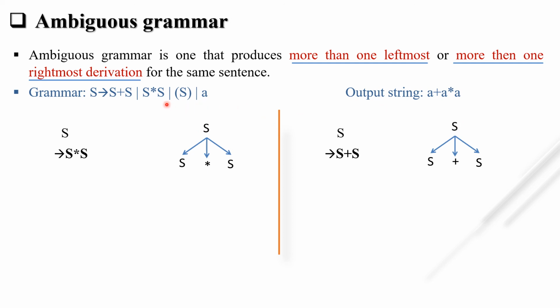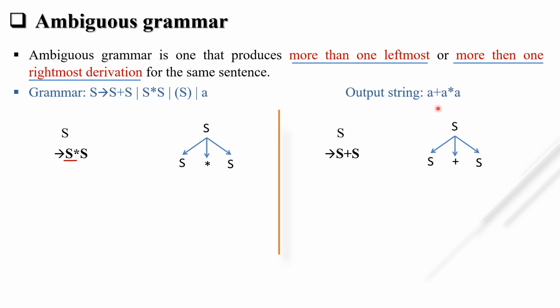As we are doing leftmost derivation now, we first replace the leftmost non-terminal. From here this S, and from here this S. So this S we replace with S + S. Why? Because our first operator is plus, and here we directly put the string, that is S goes to a. Why?